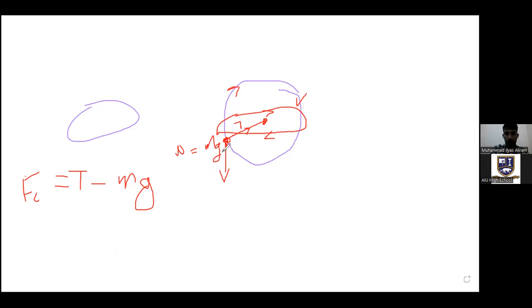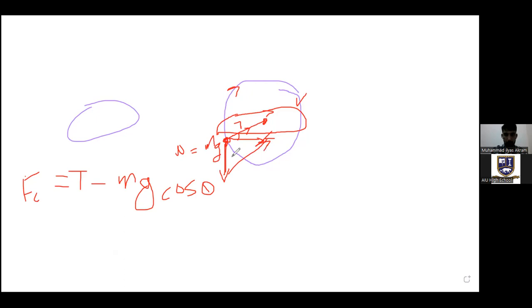So the component that causes the body to move in this direction will be mg cos theta, and that is at the angle theta here, and this will be mg sin theta, and the vector points from here to here.